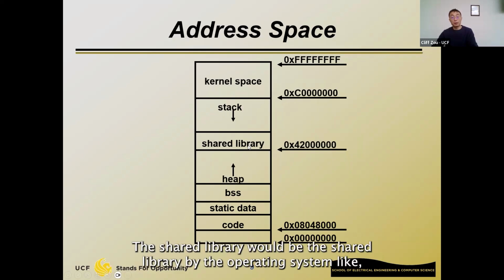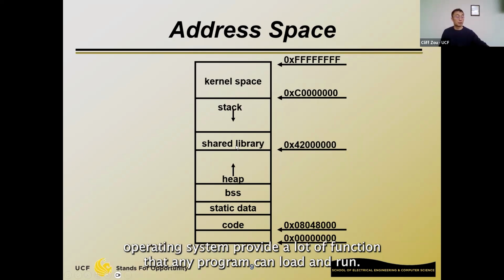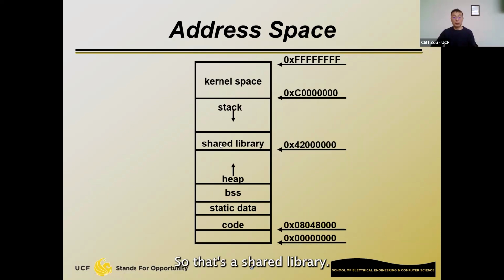The shared library is the library provided by the operating system. Like the operating system provides a lot of functions that any program can load and run. So that's a shared library. Then there is a memory space used as a stack. And the kernel space is operating system code; it exists in that kernel space.